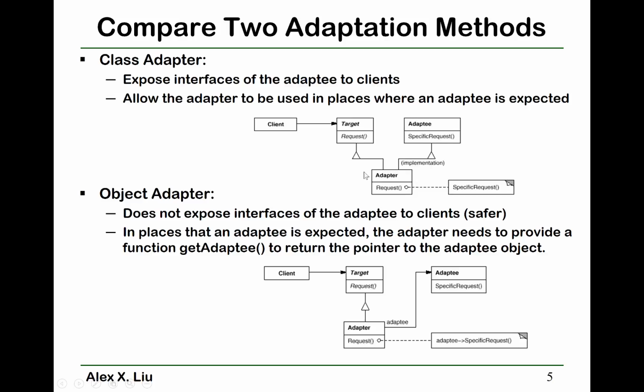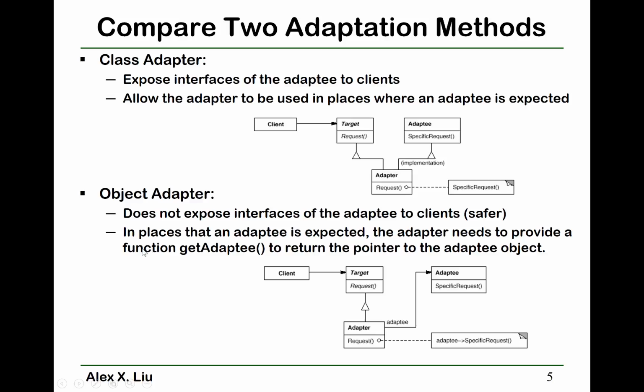And for this object adapter, this one does not expose the interfaces of the adaptee to the clients, because this adapter class only implements this interface. So the public methods of the adaptee class, the client cannot call them on this adapter object.